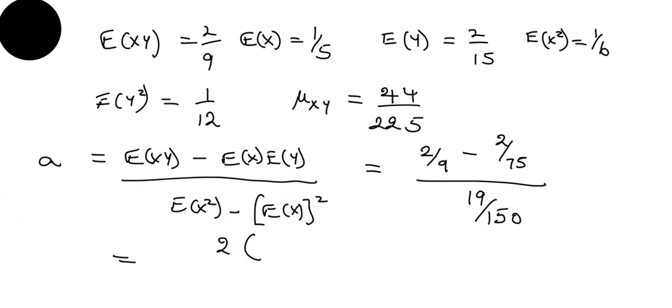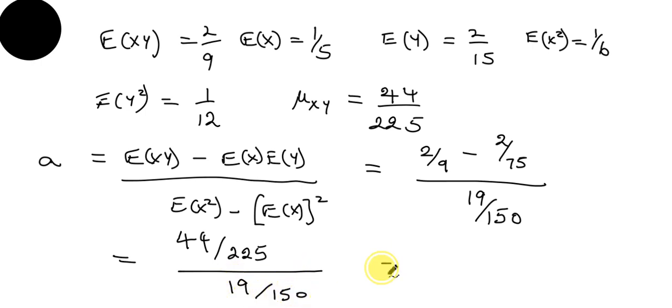So I can directly go for that. I will have 44 by 225 whole thing divided by 19 by 150, which is 44 into 150 divided by 19 into 225.